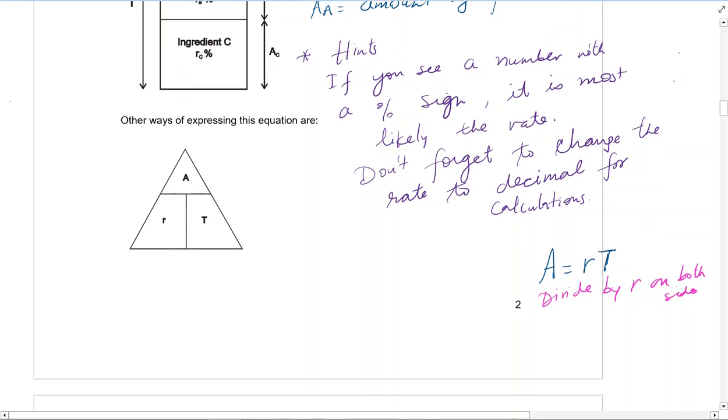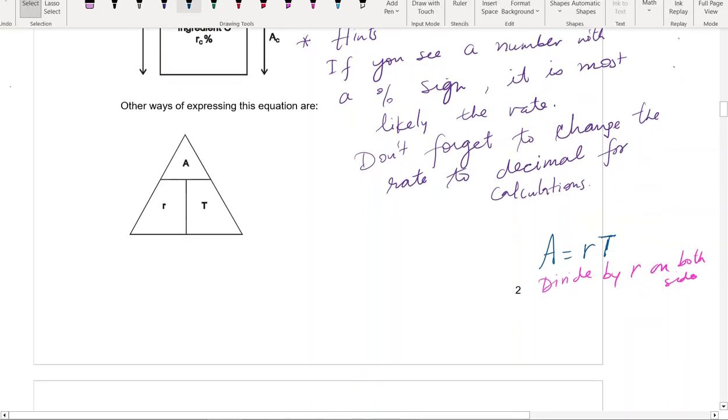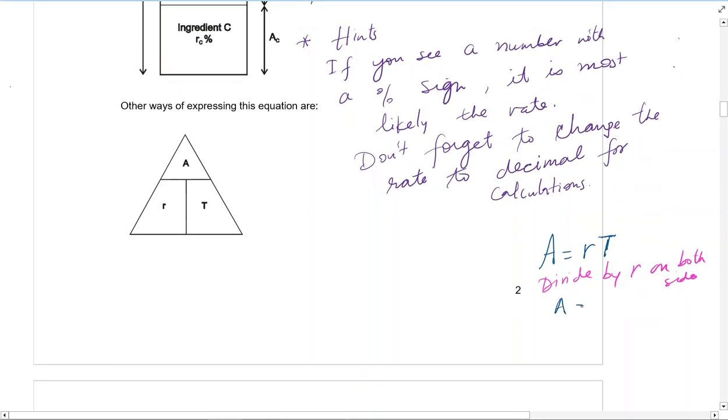Your original formula is this, and when I divide by R, R and R are going to cancel on this side, so the formula is going to become A over R equals T. So that's the formula for total. Total is amount over rate.